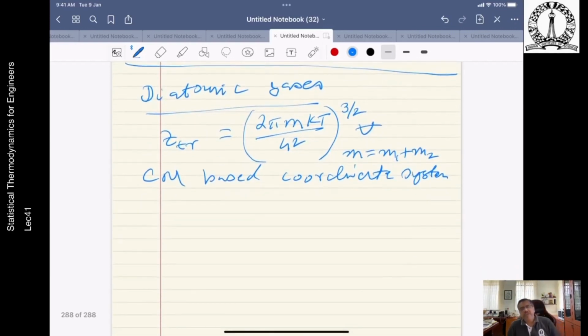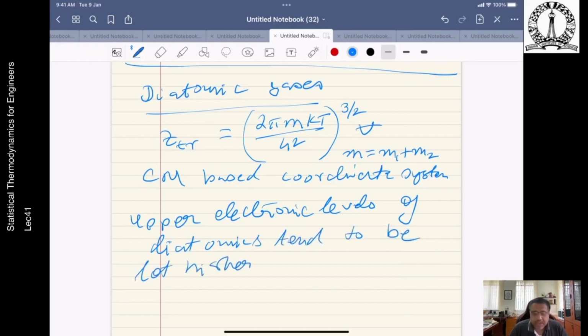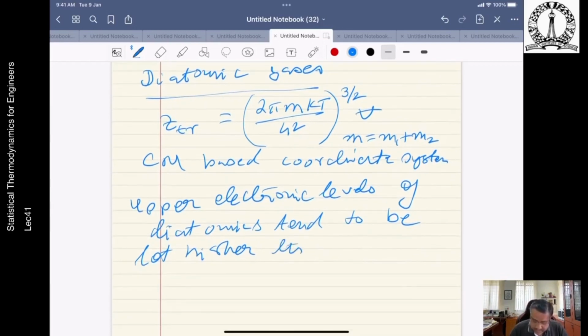For the electronic mode, we observe upper energy levels of diatomic states to be substantially higher than the ground electronic level. So upper electronic levels of diatomics tend to be substantially higher than the ground electronic level.